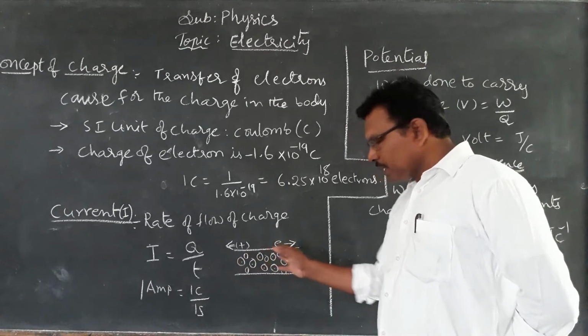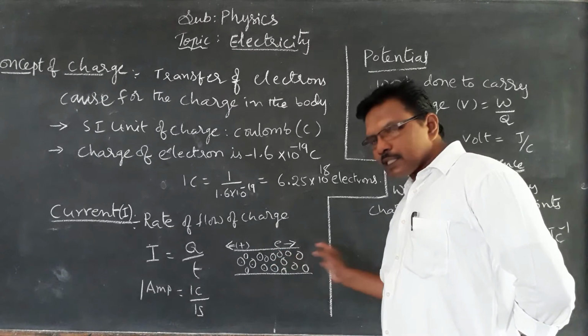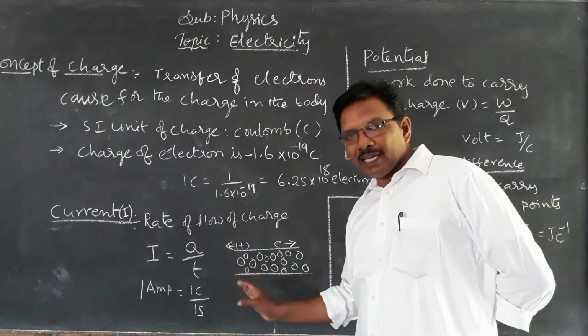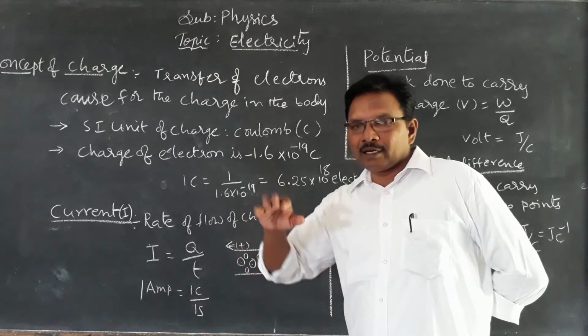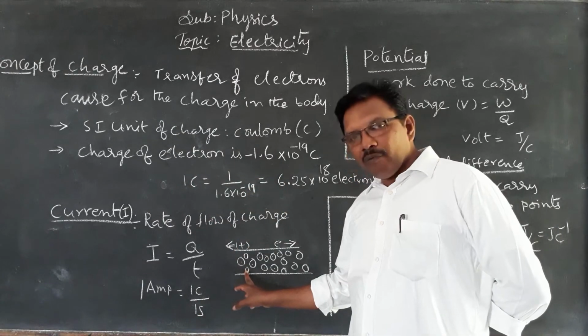Electrons flow in one direction. If electrons flow in one direction, then what will happen? When electrons are moving in one direction, the atoms they leave gain positive charge. Losing electrons causes gaining of positive charge.